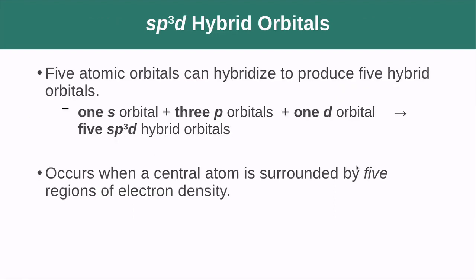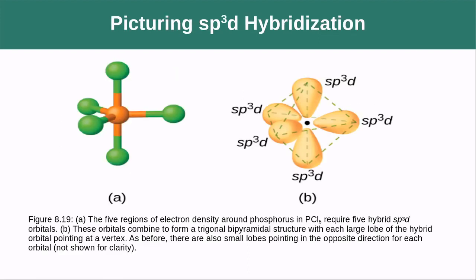We can actually extend this even further when we have metals by including d orbitals. So we can have sp3d hybridization, and that is going to yield our trigonal bipyramidal structure.